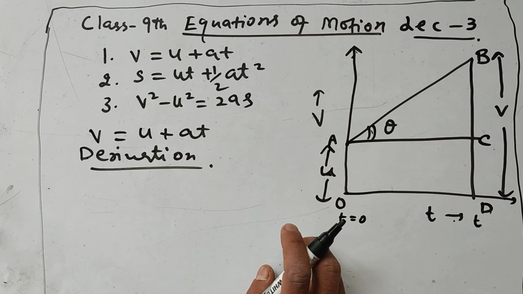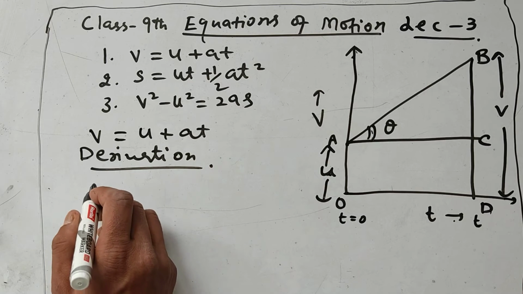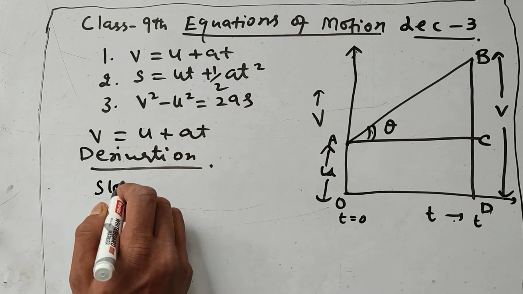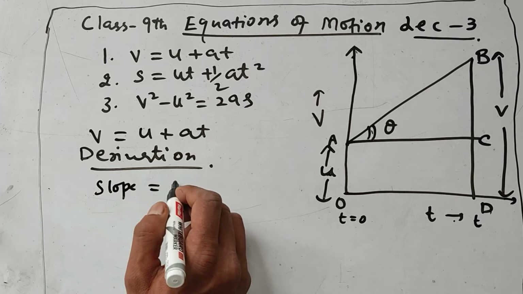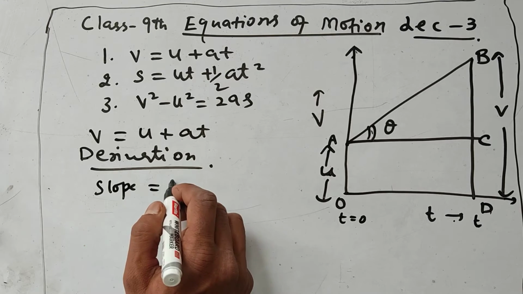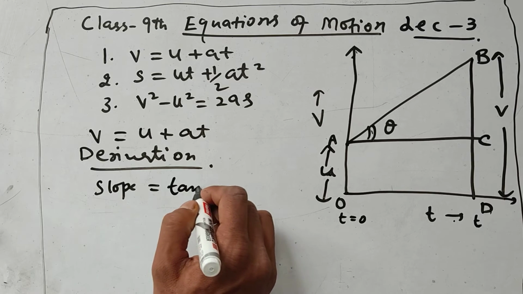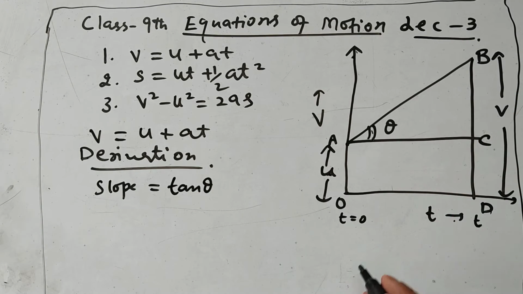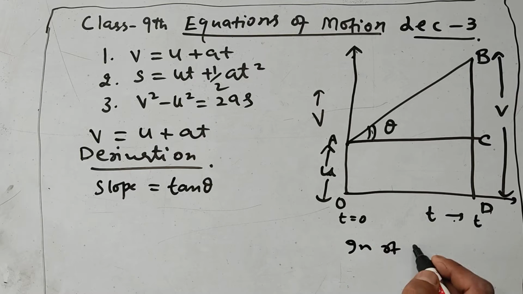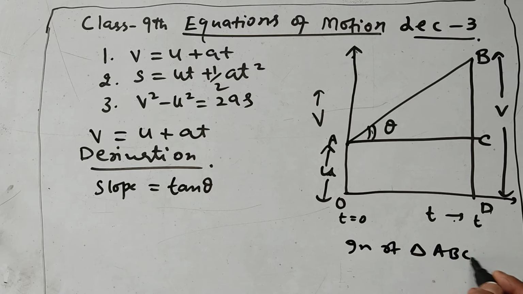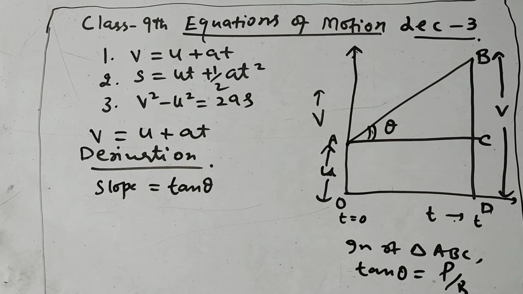So what we do in this, we know the slope of this graph is always equal to, mathematically, tan theta. If you see here, we have a right triangle ABC. In the right triangle ABC, tan theta is perpendicular by base.